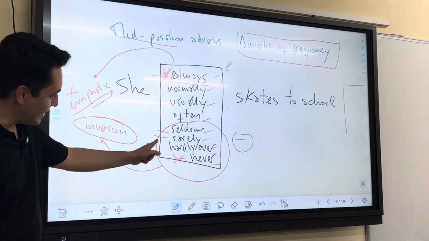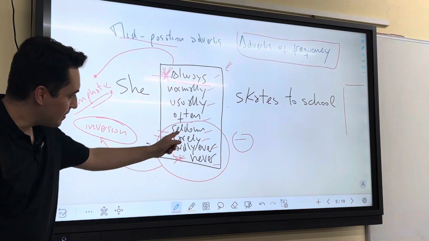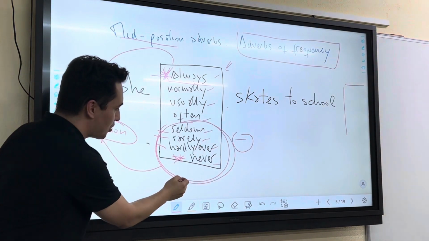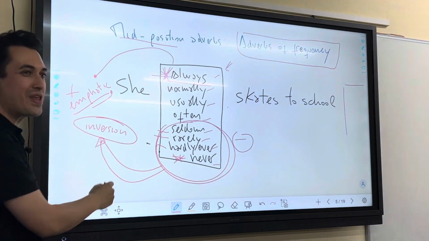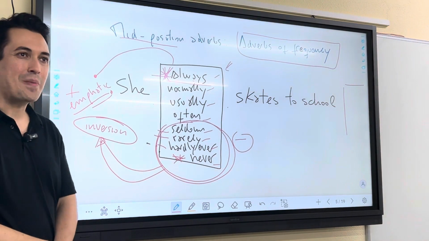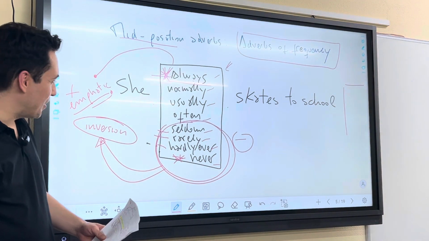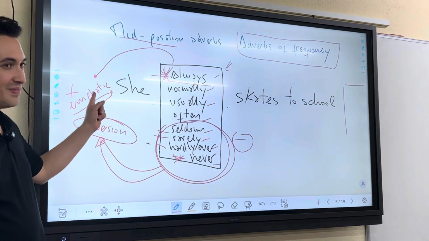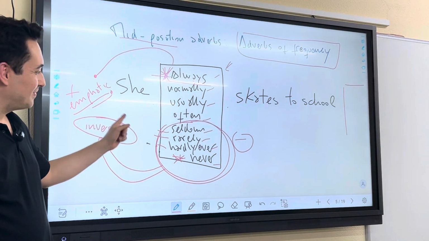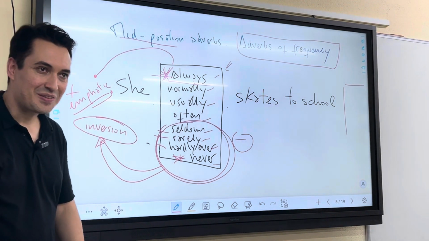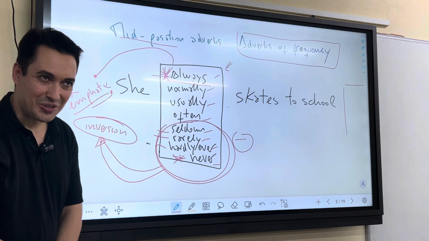Seldom, rarely, hardly ever, never. These ones here, you can also put them at the beginning with an inversion. Can you make an inversion, Alvaro, with "never"? "Never does she." Do you know inversions?